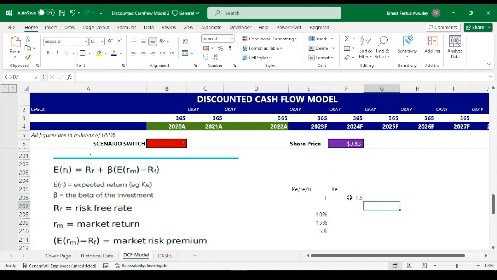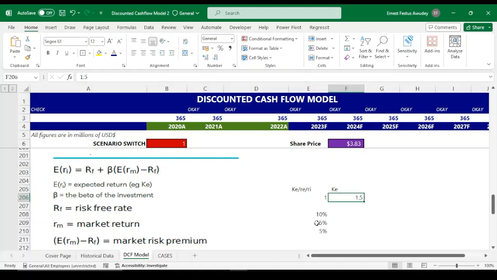What that means is that if the price on the market is reducing by 1%, your security, which has a beta of 1.5, is going to reduce by 1.5%.